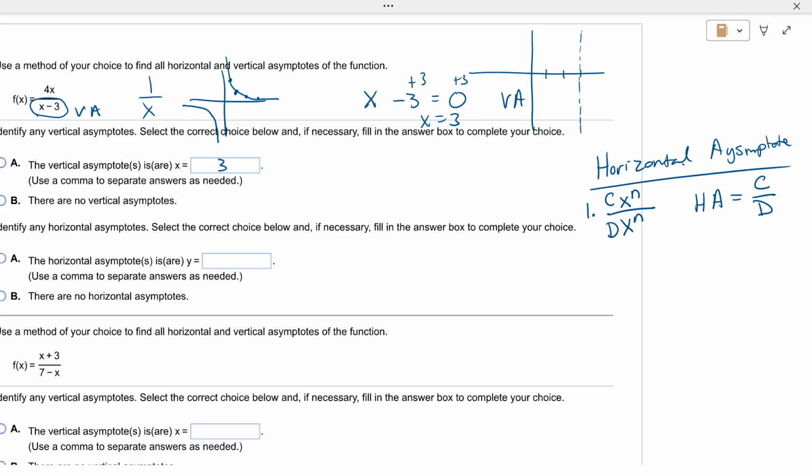Okay? So if these two are the same power of x, then you use the coefficients of those numbers to find your horizontal asymptote.